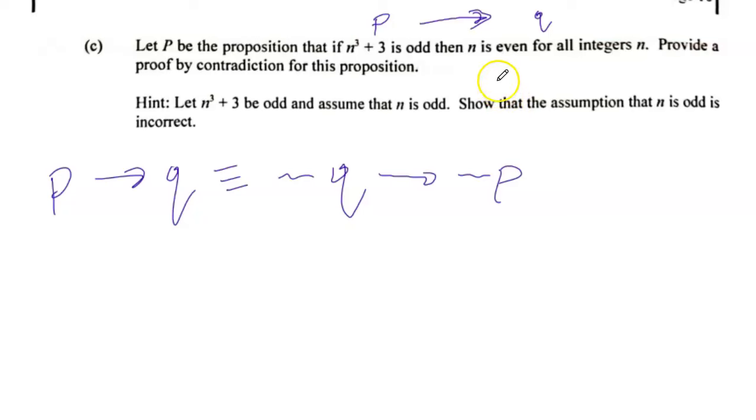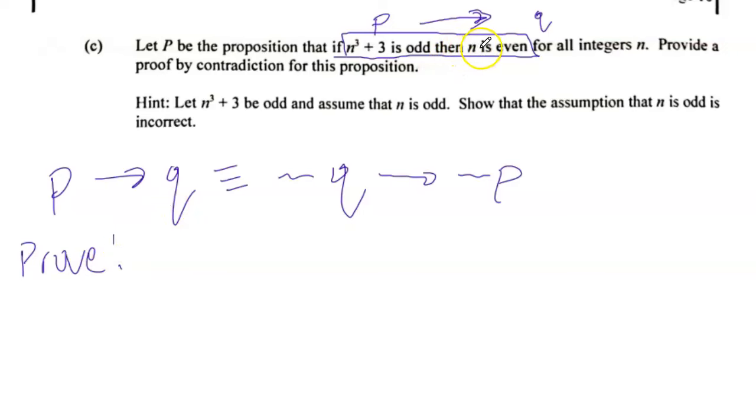So one approach you could take, before we get to the contradiction part, is rewrite the statement. Here's the statement: if n cubed plus 3 is odd, then n is even. So we can rewrite the statement as the contrapositive. This is what we'll prove instead.